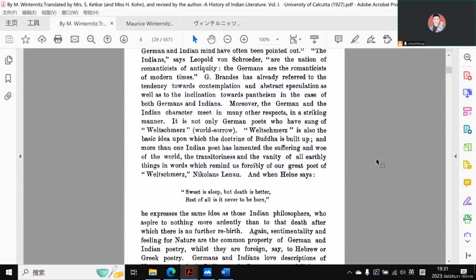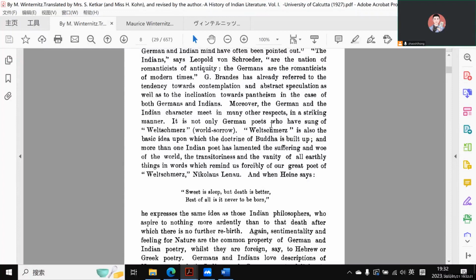That's why if you want to learn Sanskrit and do research on Sanskrit, on ancient India, on Buddhism, you have to know German, because many famous and significant articles and books were all written in German. And many of them do not have an English translation, so you have to read the original yourself.